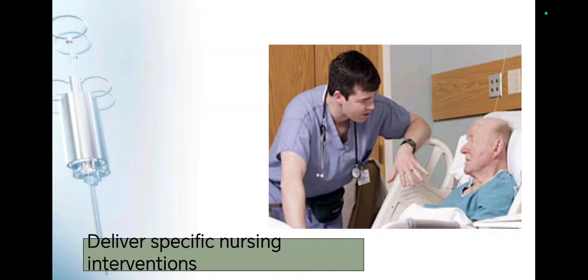First are your independent nursing interventions. This type of intervention is done solely by the nurses. It doesn't need a doctor's order. It doesn't need collaboration with other members of the healthcare team. That is independent.